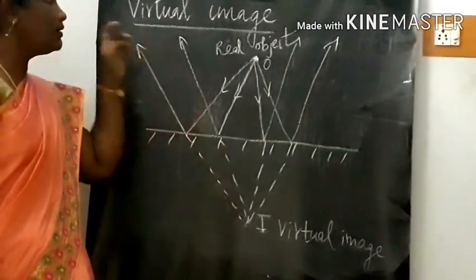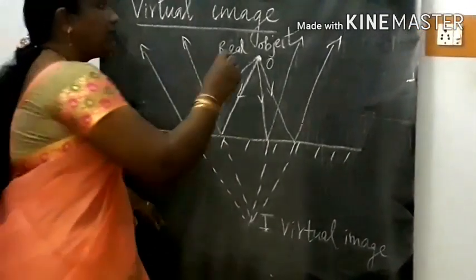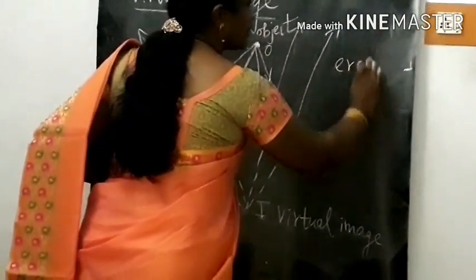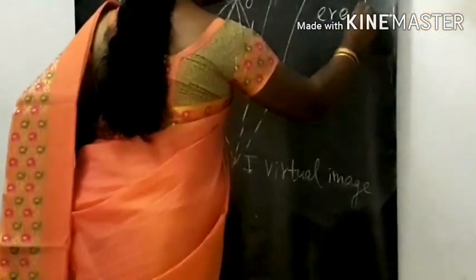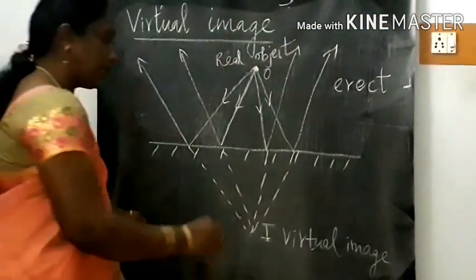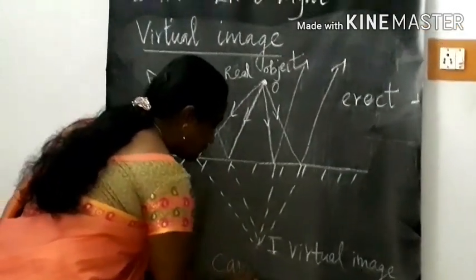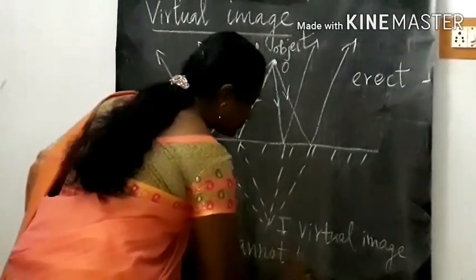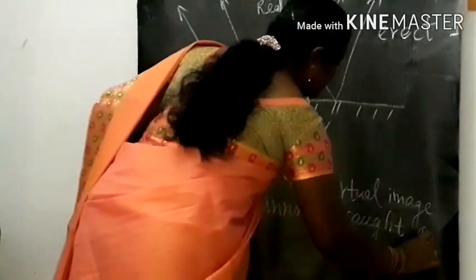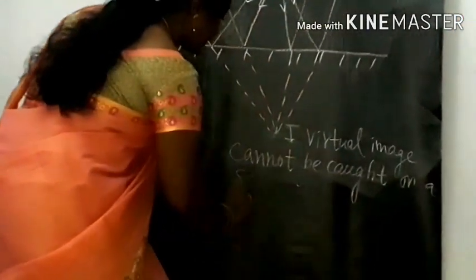So this is called a virtual image, and the virtual image will be an erect image. The virtual image will be an erect image, and it cannot be caught on a screen.